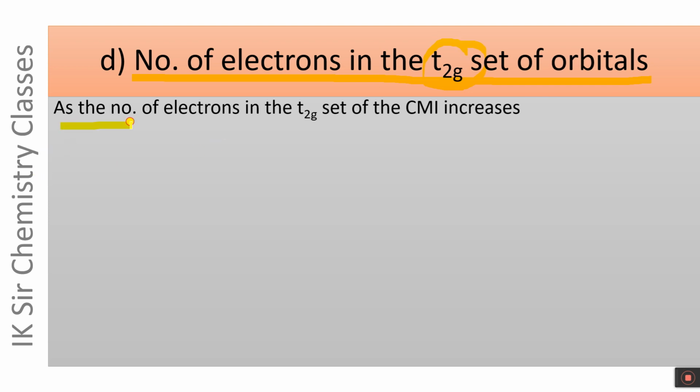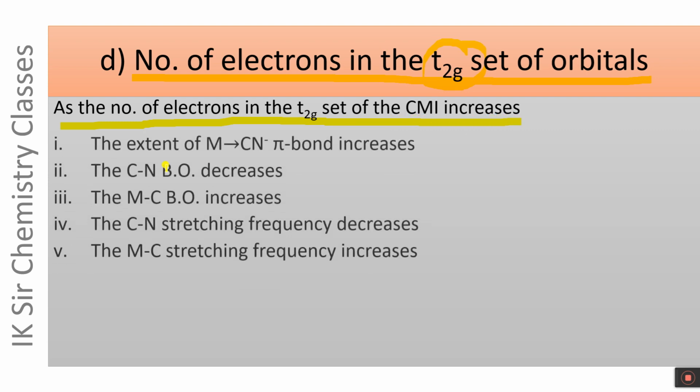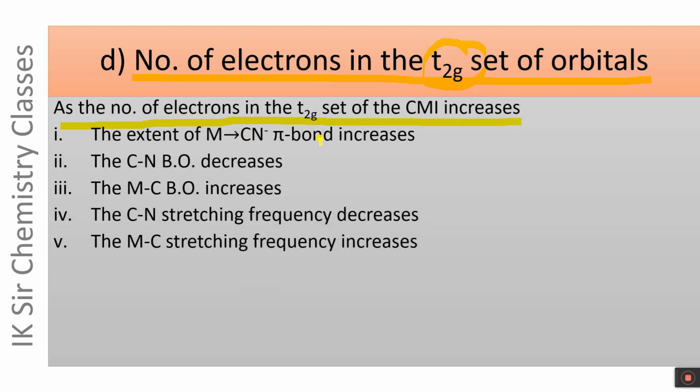Therefore, as the number of electrons in the t2g set of the CMI increases, the extent of metal to CN minus pi bonding increases, because in this pi bonding the electrons present in the t2g set of orbitals of the CMI are involved, and during the formation of this pi bond, the CN bond order decreases because the electron density is transferred from the metal atom to the anti-bonding MO of the CN minus ion.